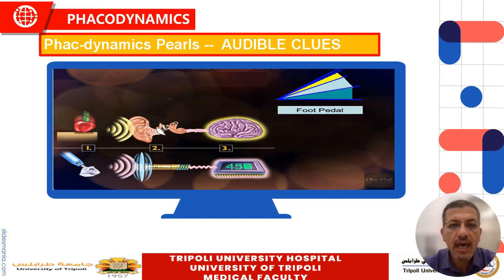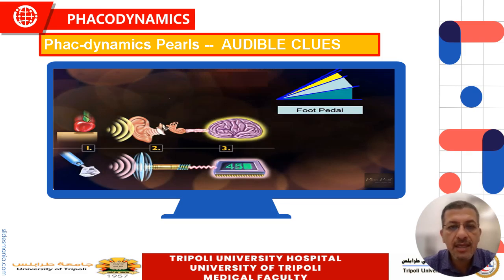And he uses his eyes to watch through the microscope, and you use your ears to listen to the audible clues provided by the machine to indicate at which stage you are in: irrigation, aspiration, or the vacuum stage, or when the vacuum reaches the highest level of the preset value. So you listen to the beeps for this, indicating that you are reaching the maximum preset value. All these audible clues are very important and help the surgeon to know at what stage he is during phacoemulsification.